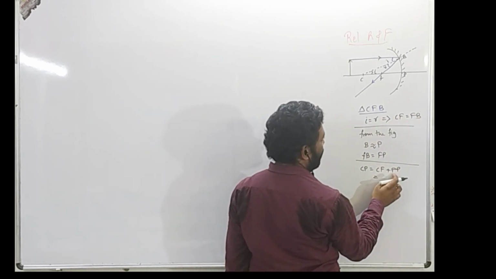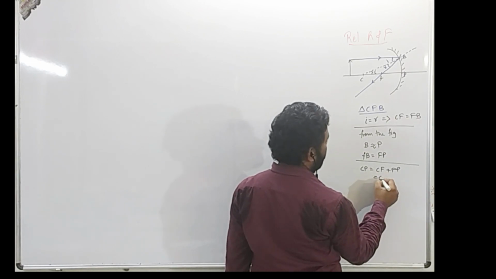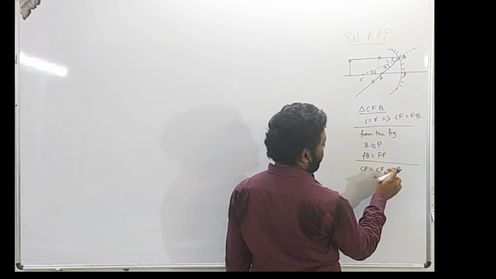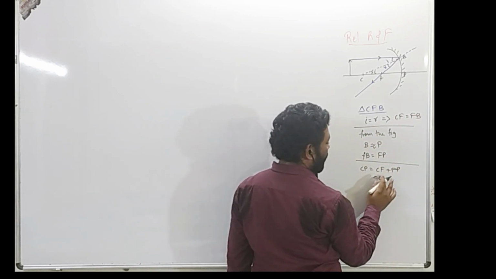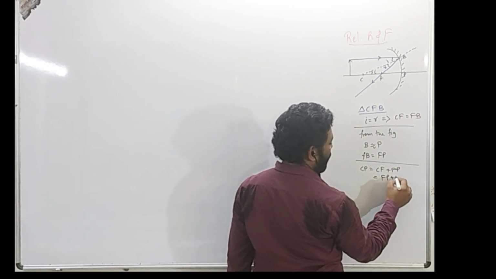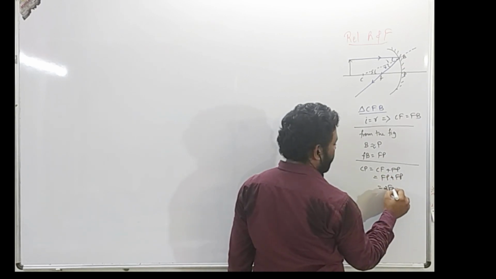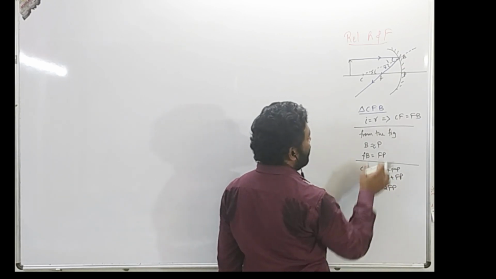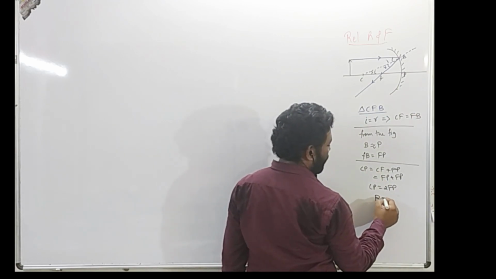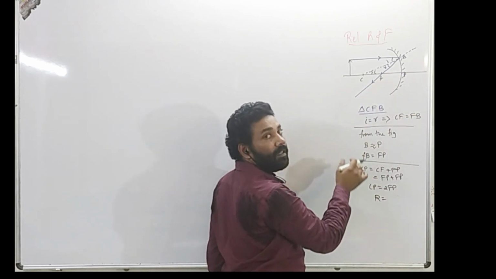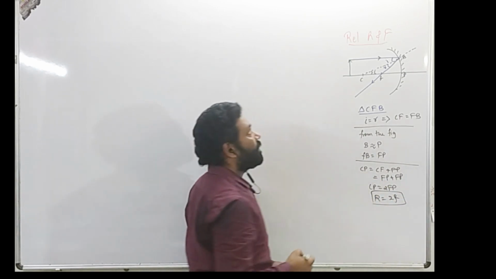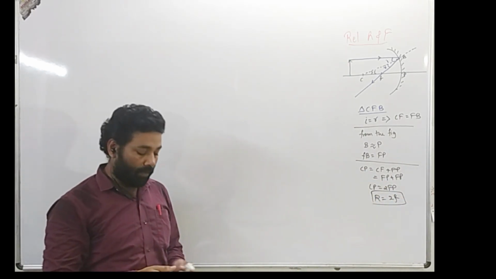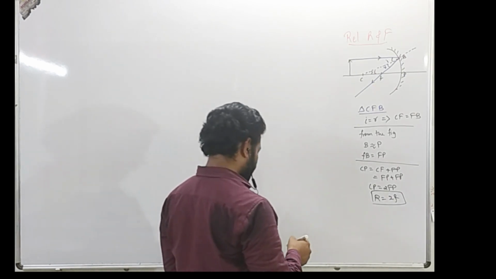So instead of CF, we can write FB, or instead of FB we can write FP. So FP plus FP makes 2FP. This distance CP is the radius of curvature R, and FP is the focal length. So R is equal to 2F. This is the relationship between radius of curvature and the focal length.